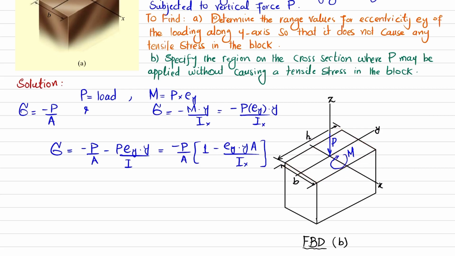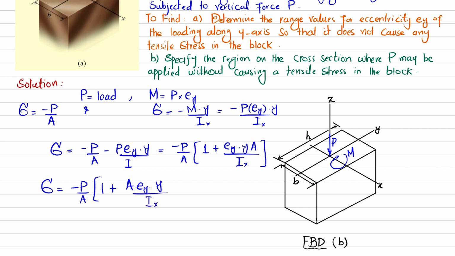Now we have this equation. The total stress will be equal to minus P divided by A into 1 minus, this is minus, so this will be plus, A into ey into y divided by Ix.